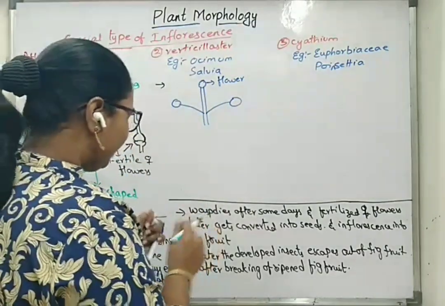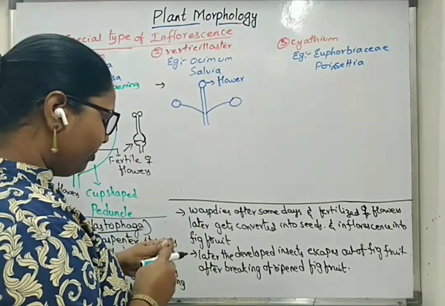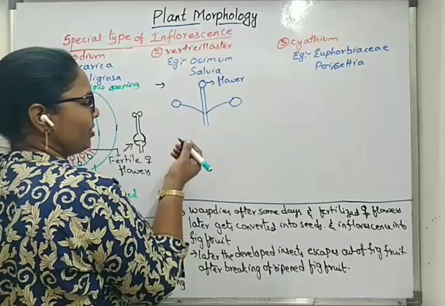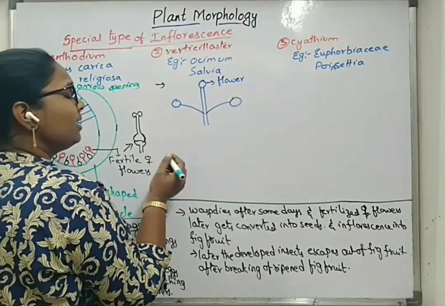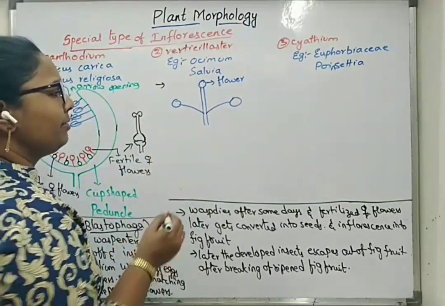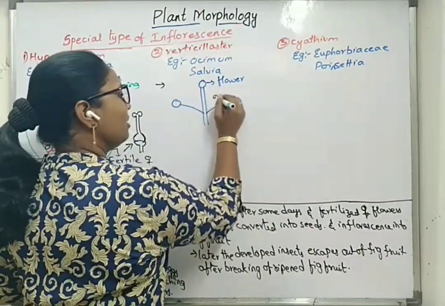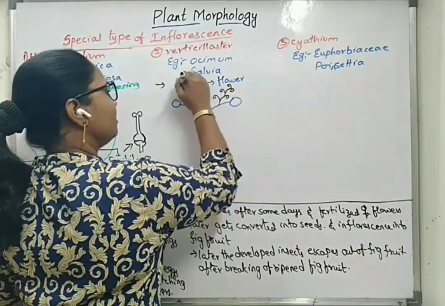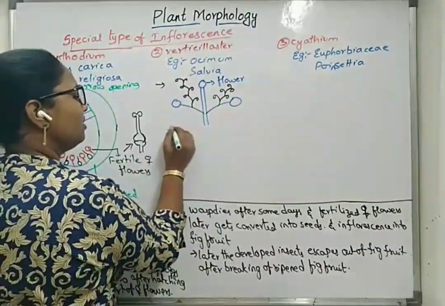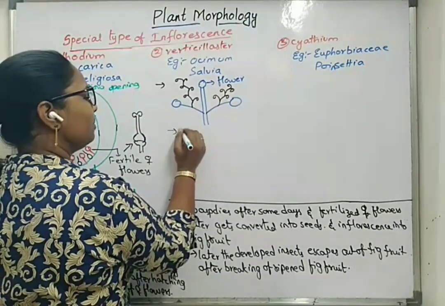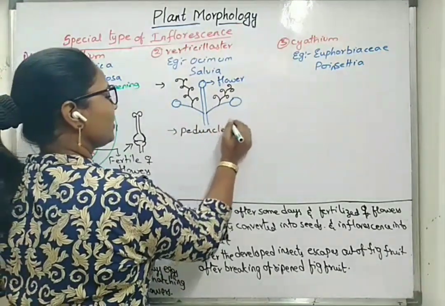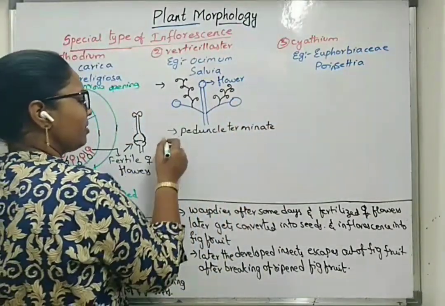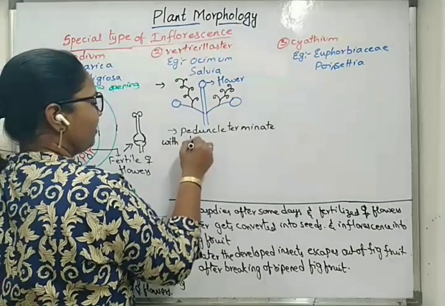Those two lateral branches later show uniparous type of inflorescence. Under uniparous, it shows especially scorpioid type of inflorescence arrangement. The peduncle terminates with, meaning cyme or cymose type of inflorescence with a flower.